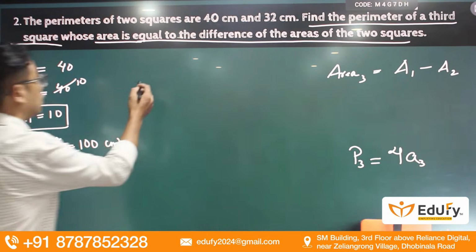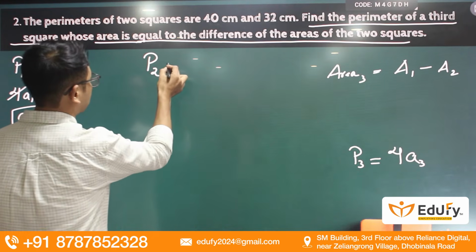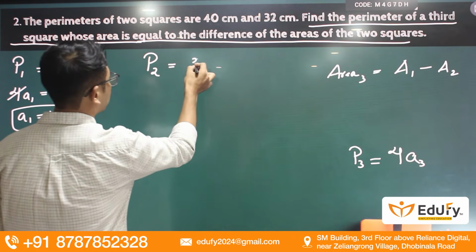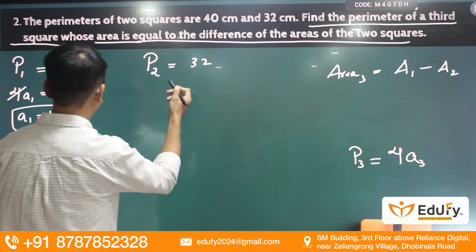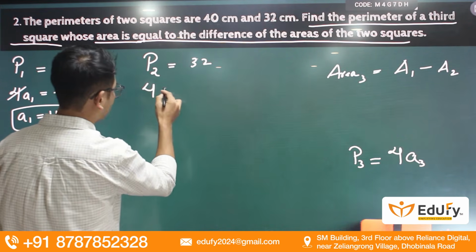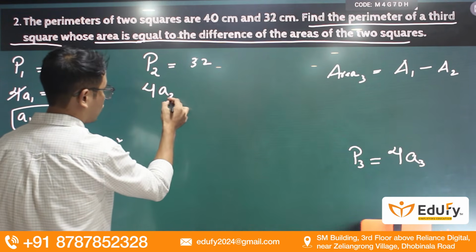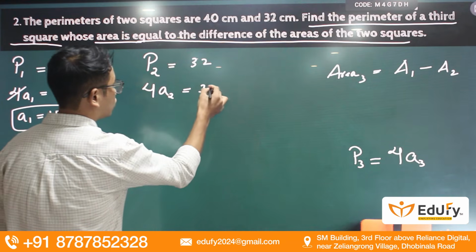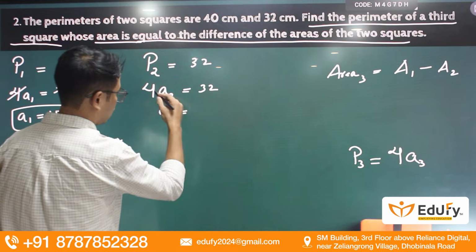Same thing here. Now let us try to find out the side of the second square. The perimeter of the second square is given, which is 32. Same as how we did for the first one, we will find the side of the second. So 4a is the perimeter formula, and since it's for the second square, I will write 4a2, which is 32. If I cancel this out, I'll get the side as 8, since 4 8s are 32.